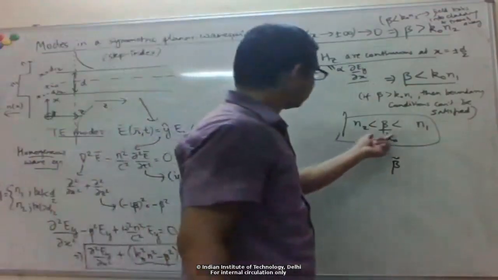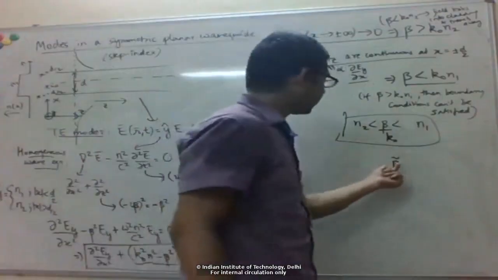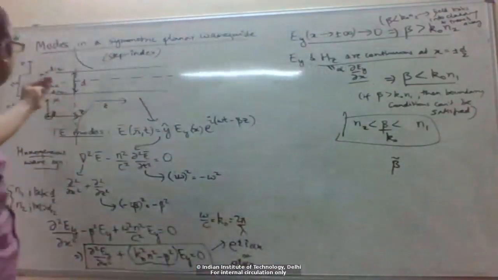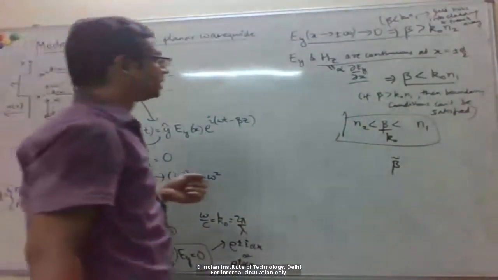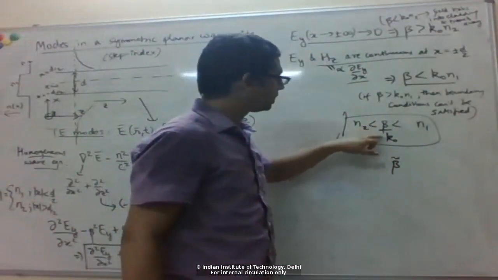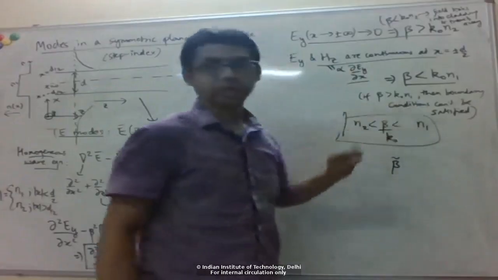So this beta over k naught is equivalent to this beta tilde. Beta tilde in the ray picture denoted the angle that the ray makes with the axis, so this beta propagation constant normalized to the free space wave vector is the analog of that in wave optics.